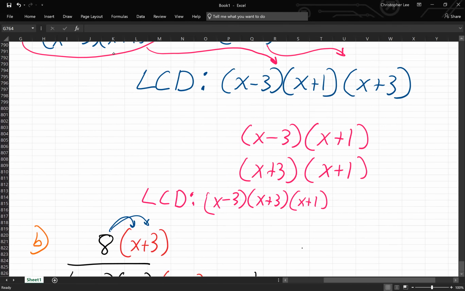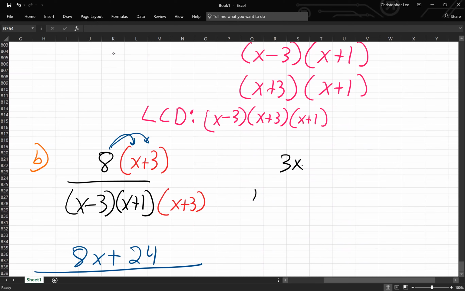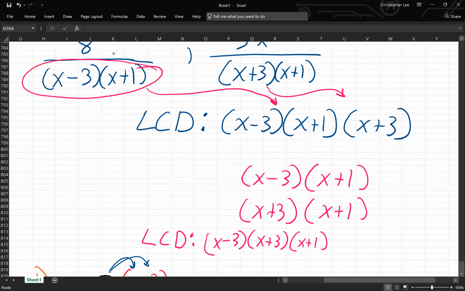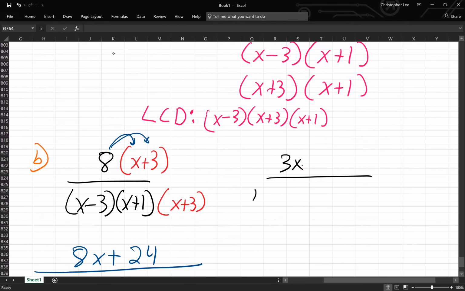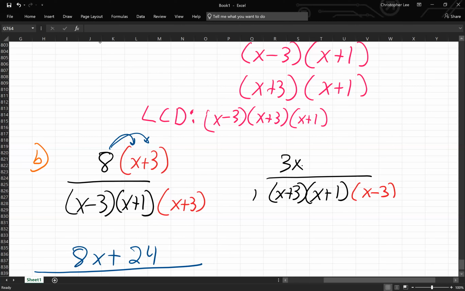Let me just scroll up real quick. So I got a 3x over x plus 3, x plus 1. But what am I missing? I'm missing that x minus 3. But what I do to the bottom, I do to the top: x minus 3, just like that.